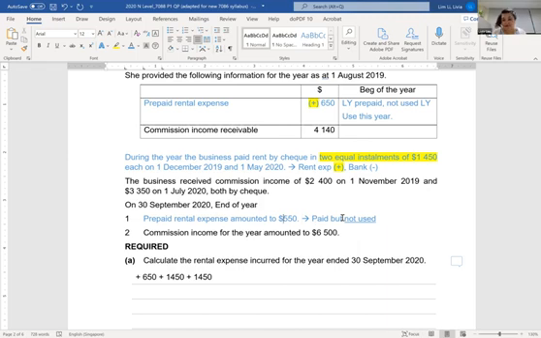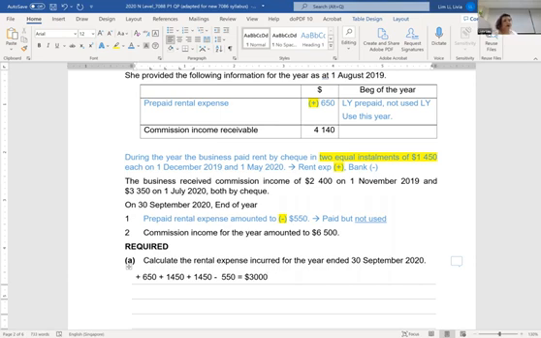And because I have not used it yet, I need to minus it away. I haven't used it, so I'm going to minus 550. And therefore, my rental expense for the year is $3,000.